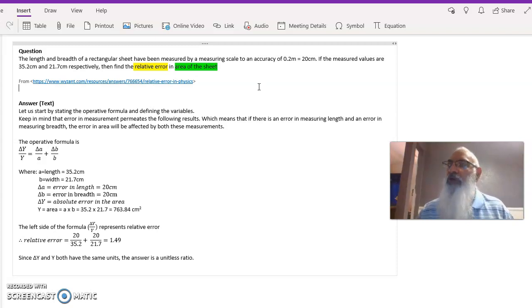But if you're using a vernier calipers, you can get to a tenth of a millimeter. And if you're using a micrometer screw gauge, you can get to as accurate as 1/100th of a millimeter. But then if you use a laser measurement, you could get even more accurate.